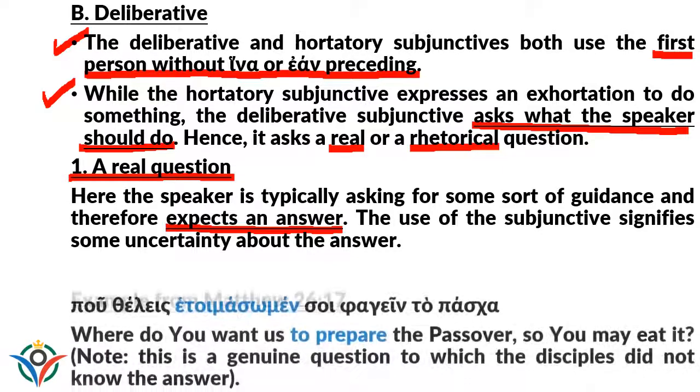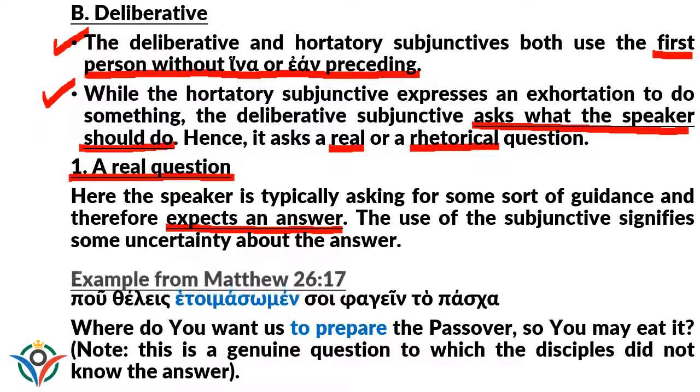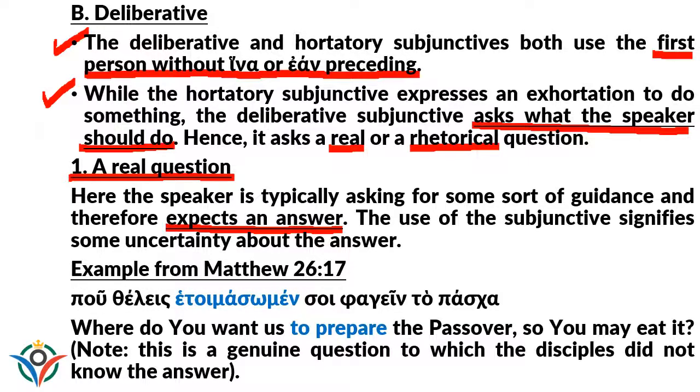So here's an example from Matthew 26 verse 17, where Jesus is asked this question: where do you want us to prepare the Passover so you may eat it? It's a genuine, real question that's been asked by the disciples, posed to Jesus, to which the disciples did not know the answer.